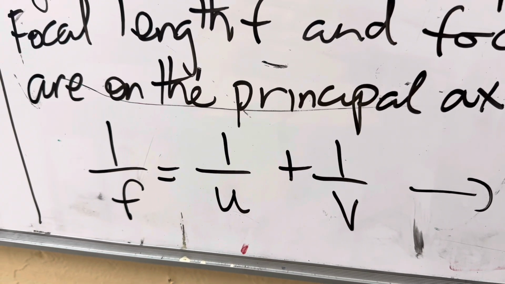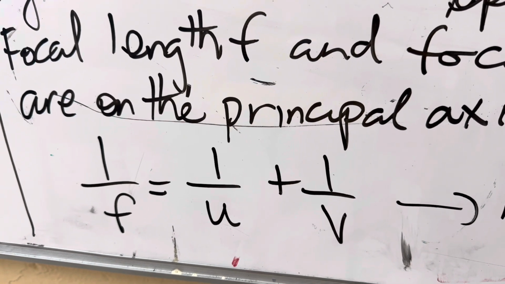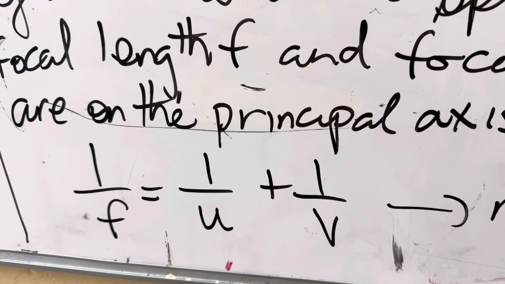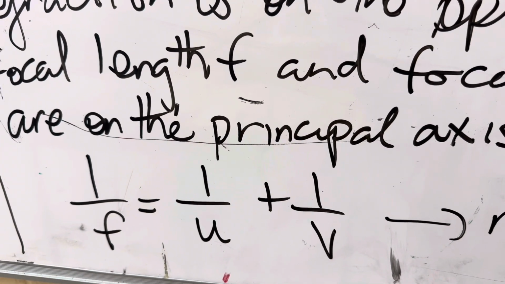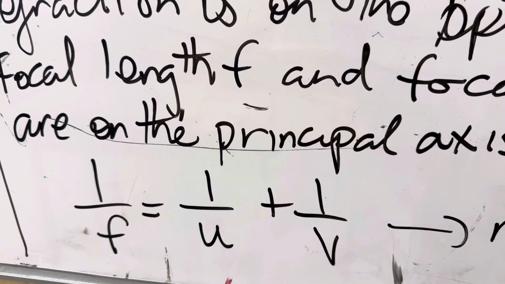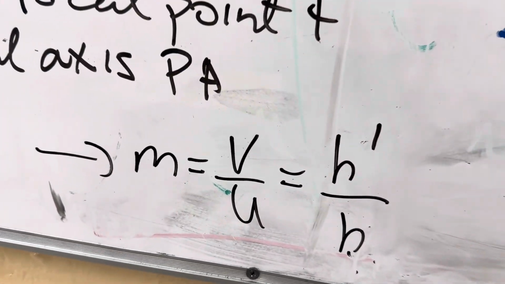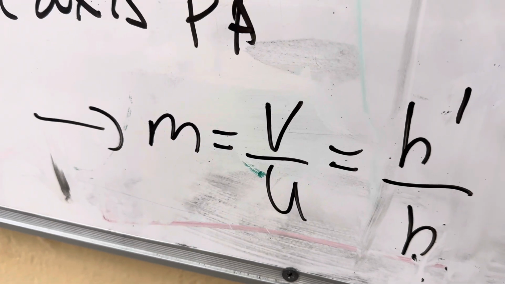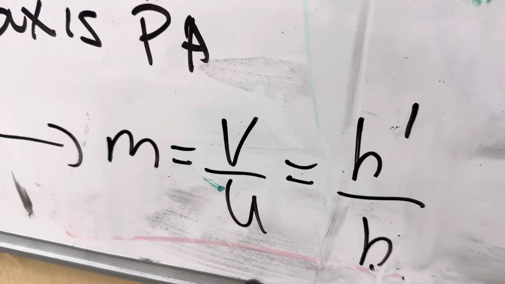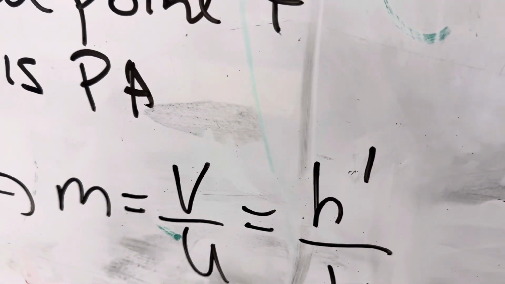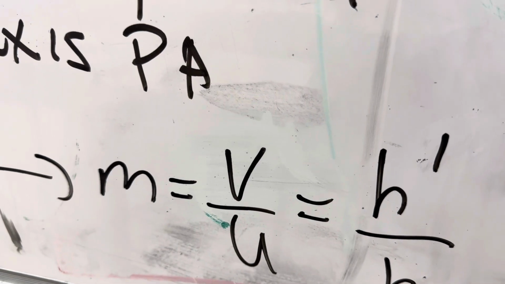The unit is centimeters only you're using, right? And u is the object distance to the optical axis, and v is the image distance to the optical axis. The magnification of the lens is equal to v over u, which is also equal to h prime over h. So h is the height of the object, h prime is the height of the image, right?